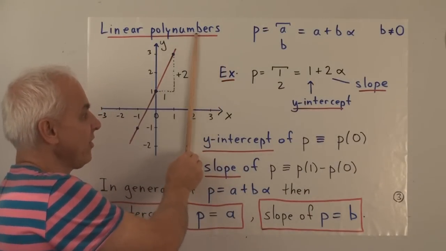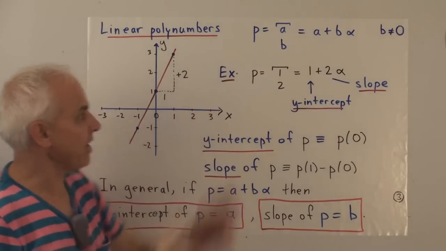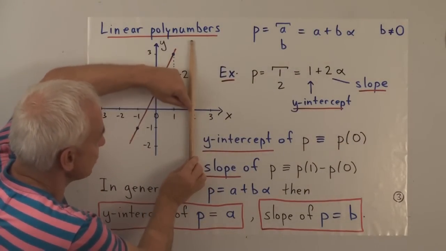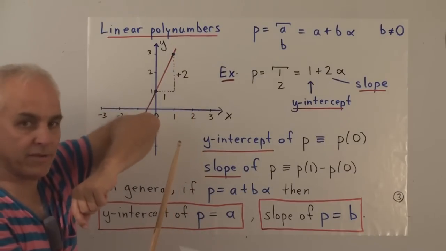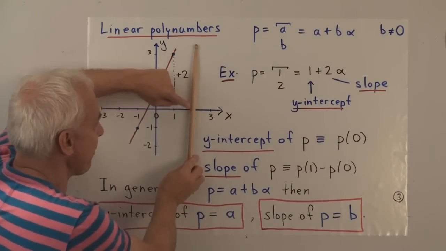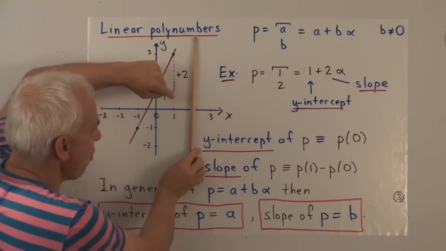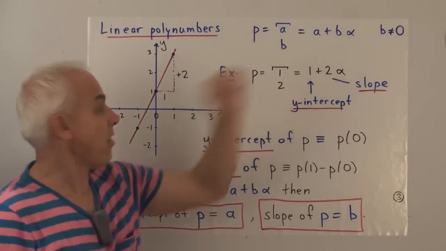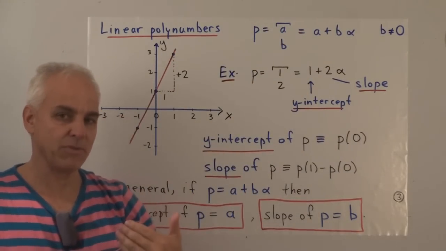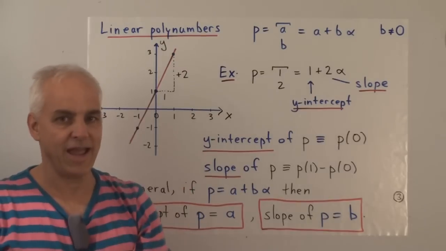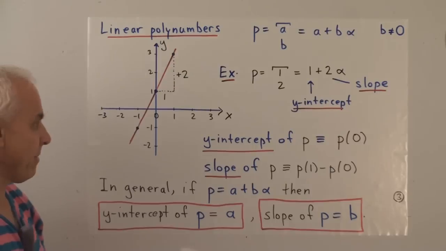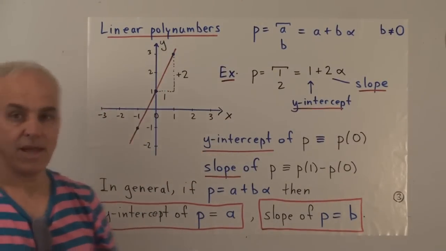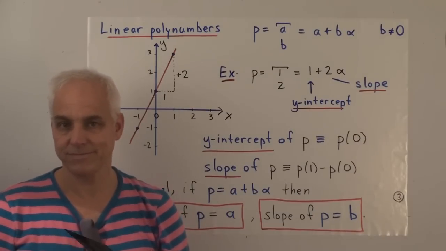That's not represented by such a polynumber because for every value of x, there's only one value of y that we plot, namely the value of the polynumber at that point. So there's no way that we can ever get a vertical line as a linear polynumber. So linear polynumbers are always non-horizontal and non-vertical. But any non-horizontal or non-vertical line can be represented as a linear polynumber.